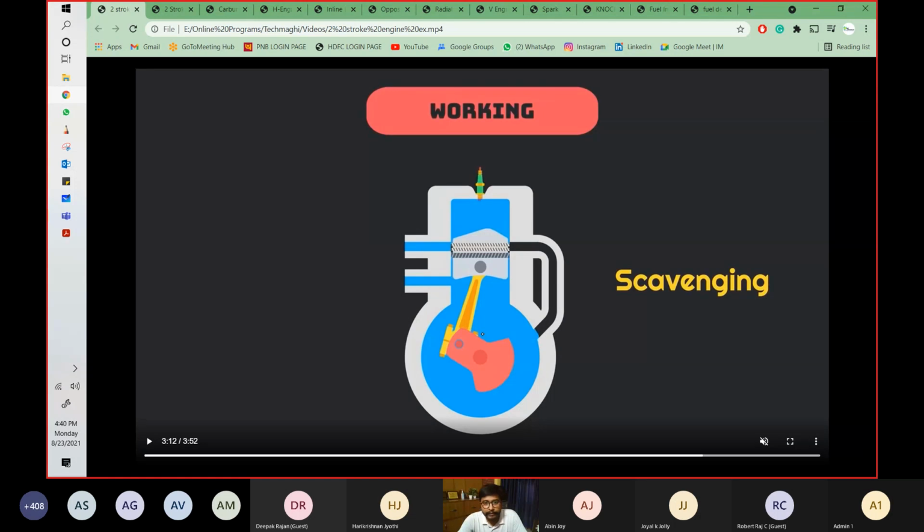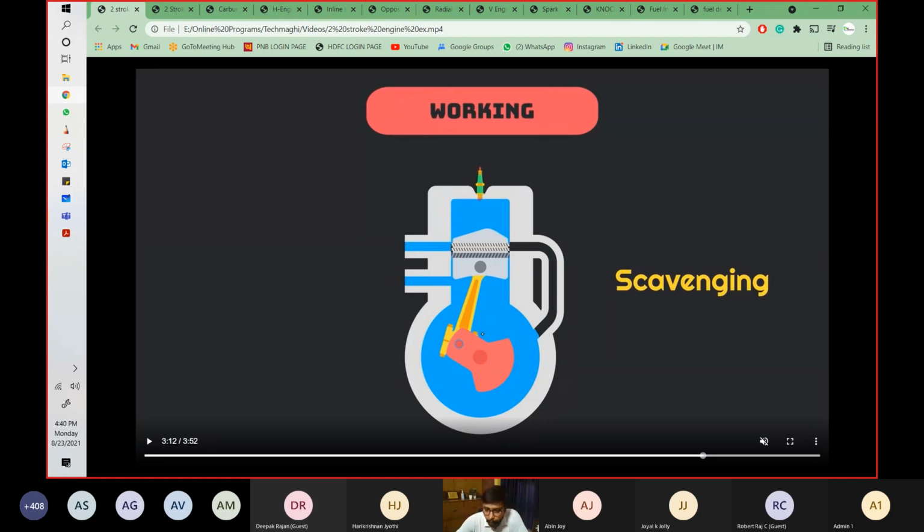In a two-stroke engine, you might have seen, like in old scooters, that with the smoke, with the exhaust gases, there was some unburned fuel coming out of the exhaust. That is known as scavenging. It can be minimized, but it cannot be prevented completely.